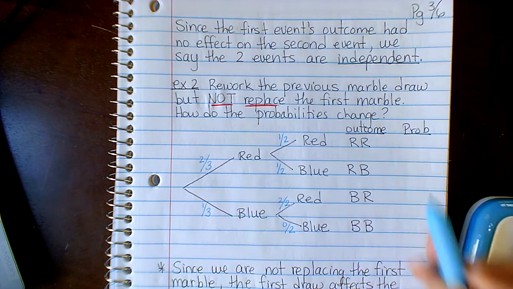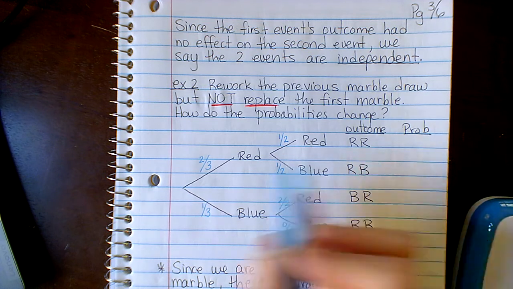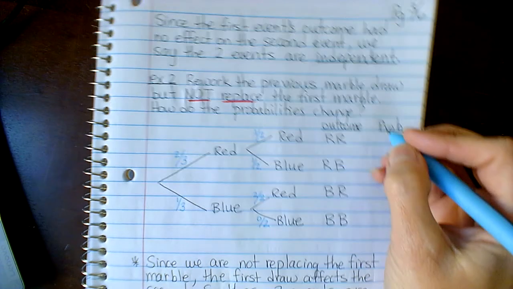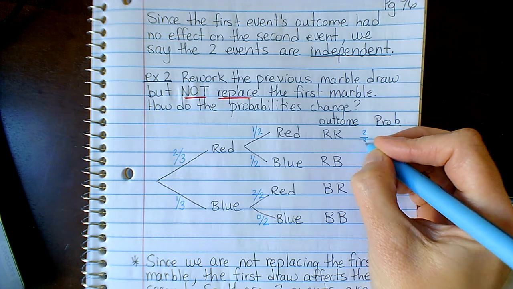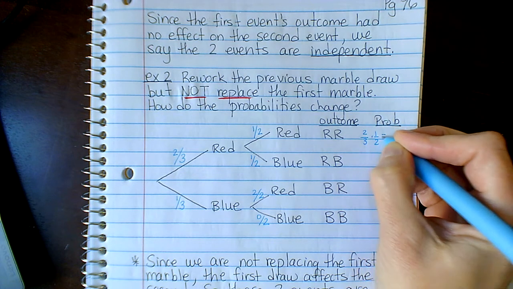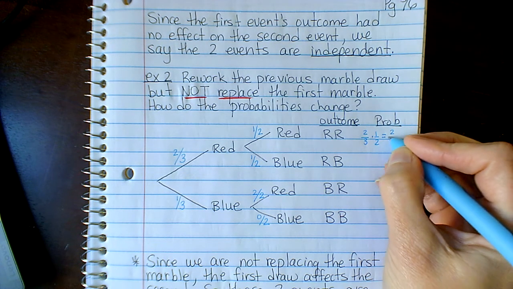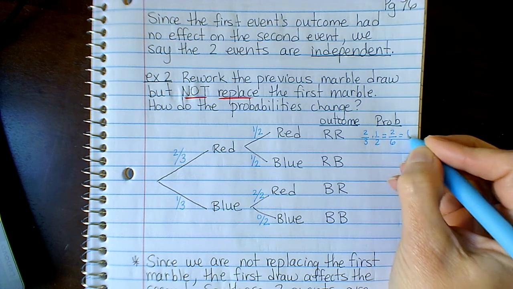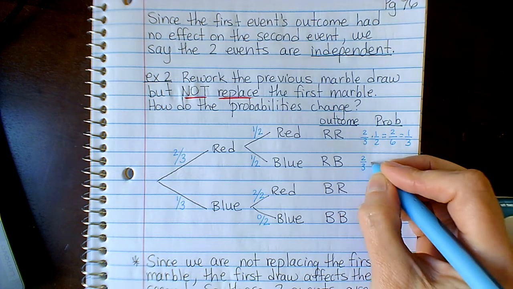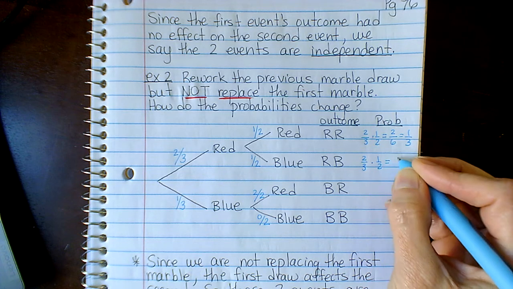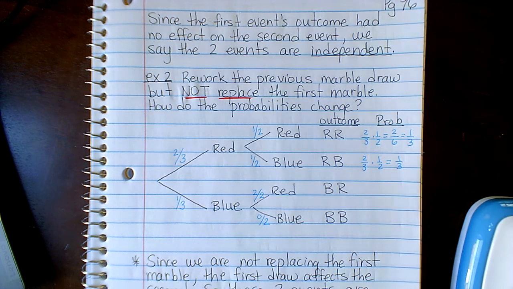All right, these probabilities are going to come from multiplying those outcomes. So this is going to be 2/3 times 1/2. It's going to be 2/6 or 1/3. That's 2/3 times 1/2, which is 1/3.